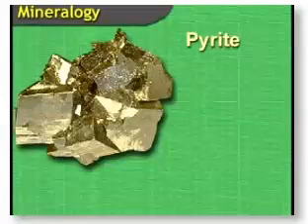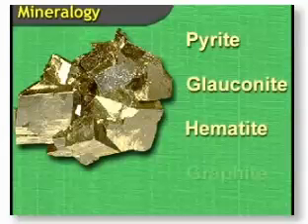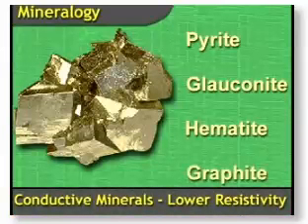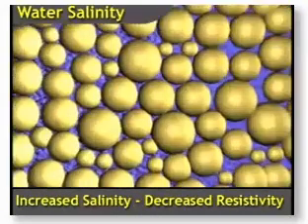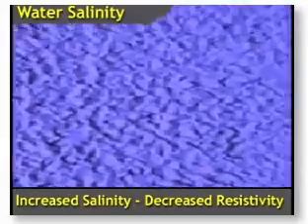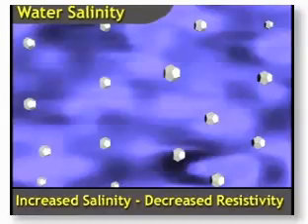Mineralogy. Conductive minerals, such as pyrite, glauconite, hematite, or graphite, will also lead to lower resistivity. Water salinity. As salinity of the interstitial water increases, the resistivity within the pay zone is reduced.